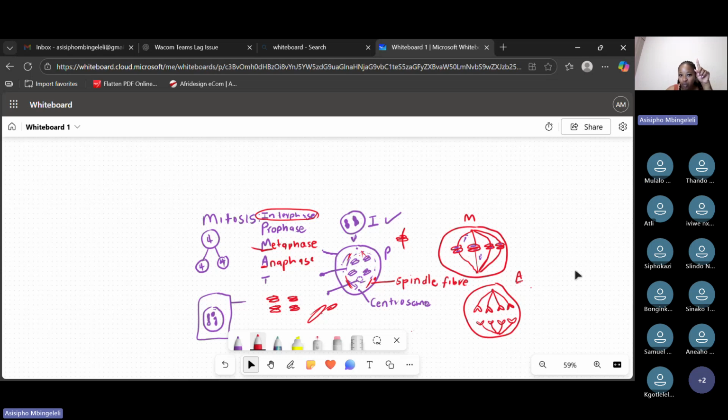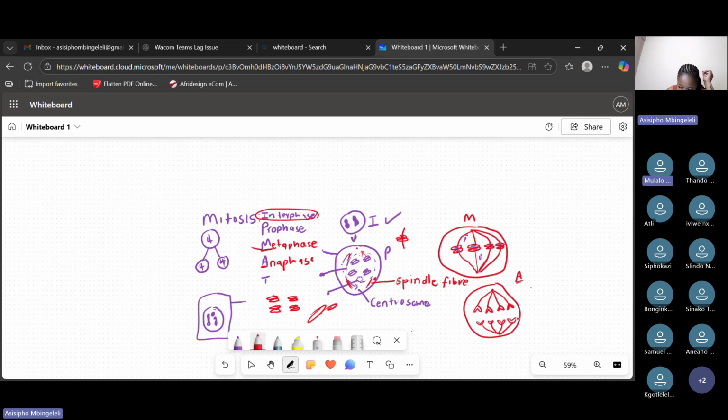Okay, let's remind ourselves, what is a centrosome? A centrosome in this case is not pulled towards the poles. What is being pulled are these daughter chromosomes.